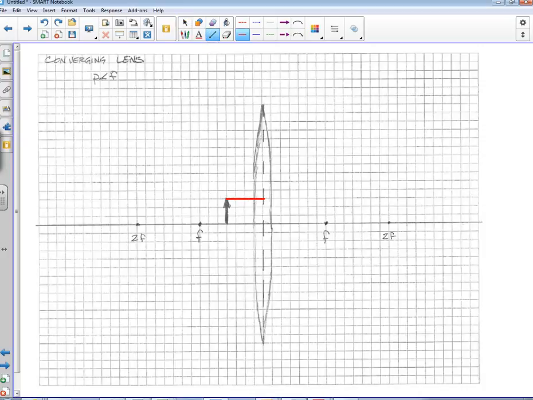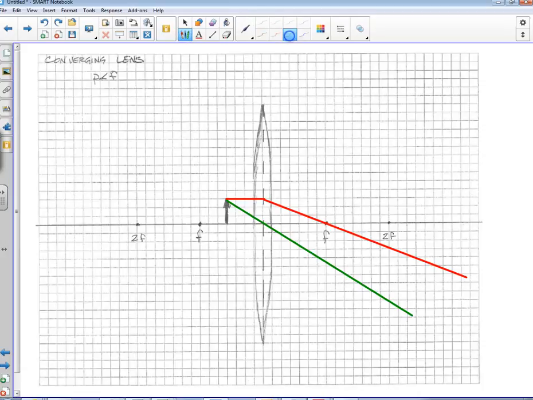And then, through the focal point, then the chief ray, start at the tip of the object, go through the center undeflected, and right away I notice those two are never going to meet on the right-hand side there. This one and this one are not going to meet there. So I need to trace them back to find out where they would have met in a kind of hypothetical sense.